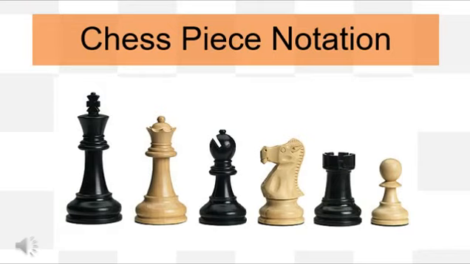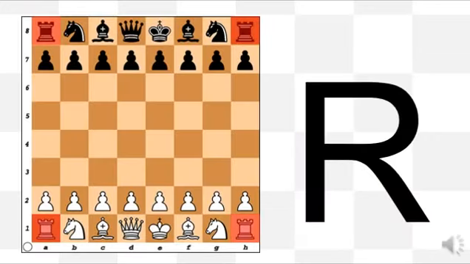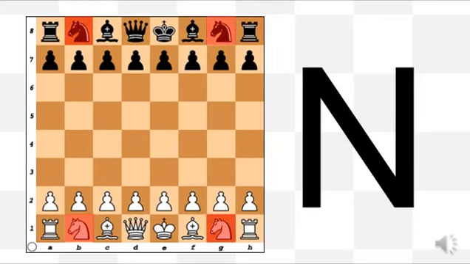In algebraic notation, every single chess piece on the chessboard has its own unique symbol. All the rooks are symbolized by the capital letter R. All the knights are symbolized by the capital letter N, but not K because that's reserved for a more important piece.